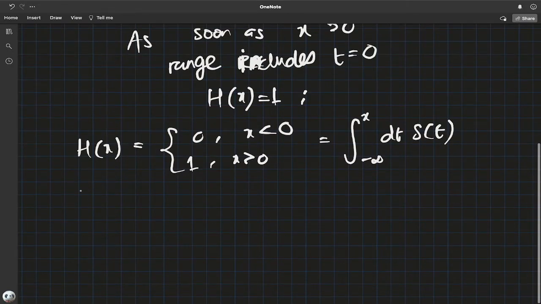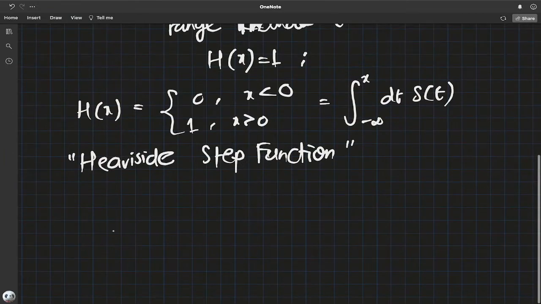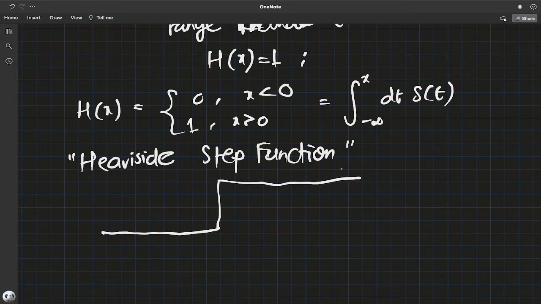This was actually defined independently of the Dirac delta, but it just so happened that the integral of the Dirac delta turned out to be this guy, the Heaviside step function. I'll show you in a bit why it's called the step function: in the negative region it's 0, in the positive region it's 1, so there's a sort of ladder structure going on here.